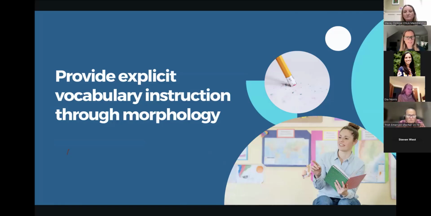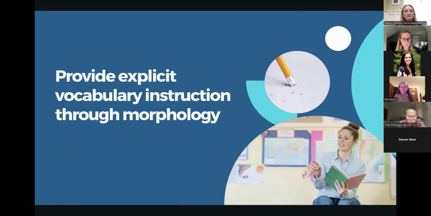But explicit vocabulary instruction will help them develop these skills of inference much further. And they learn about morphology because half the words in the English language contain more than one morpheme.